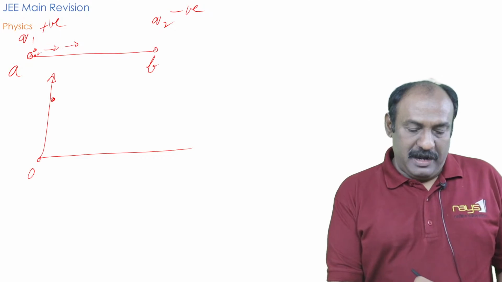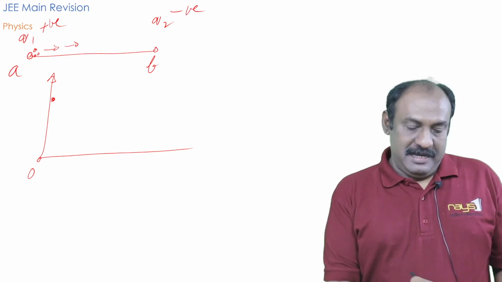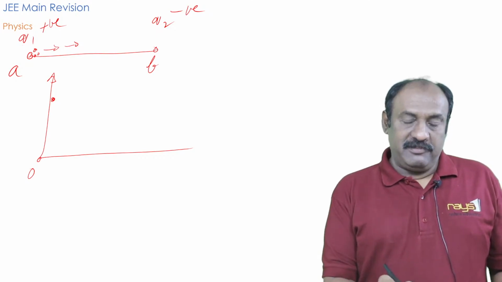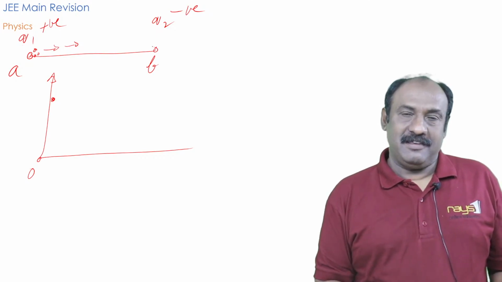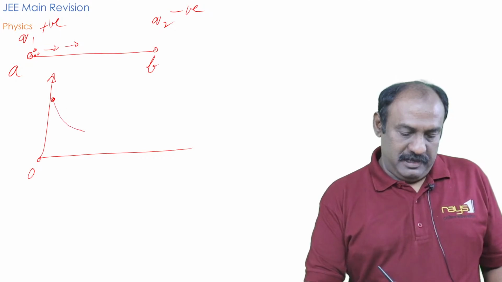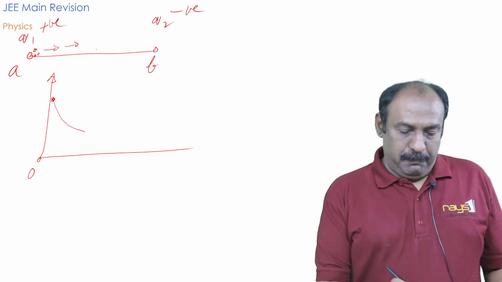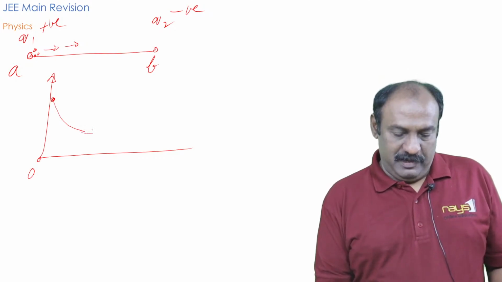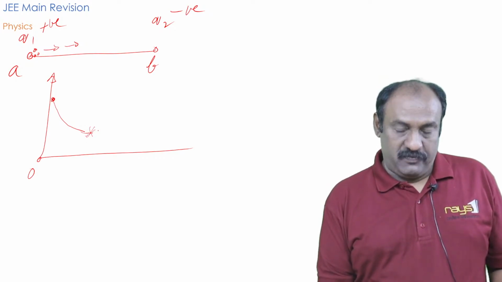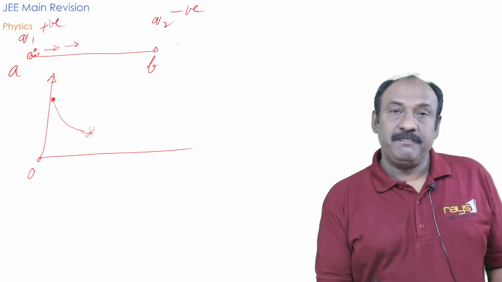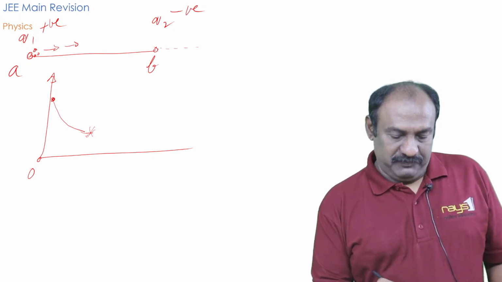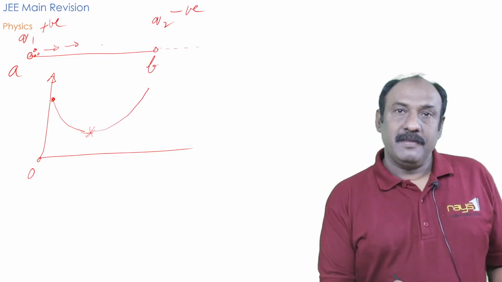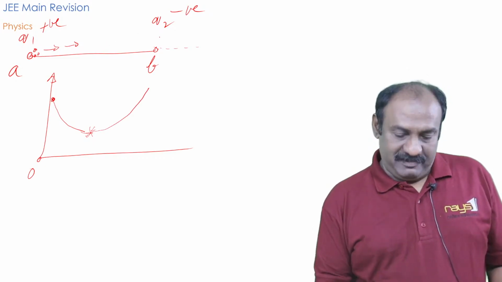As we move from A to B, the intensity due to Q1 decreases and the intensity due to Q2 slightly increases, so the net value decreases. At the midpoint of separation, there will be some minimum value of electric field intensity. Afterwards, as we move towards point B, it slightly increases.